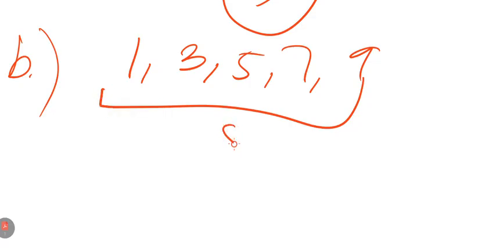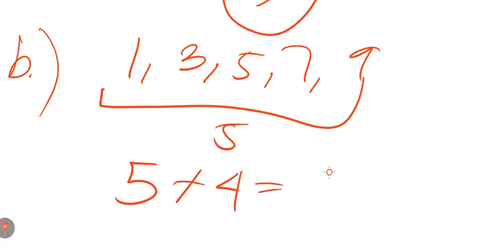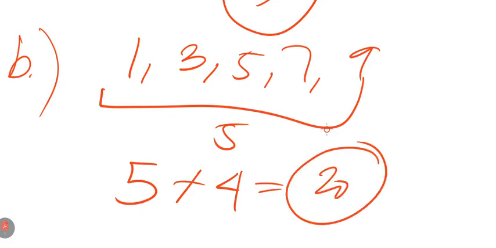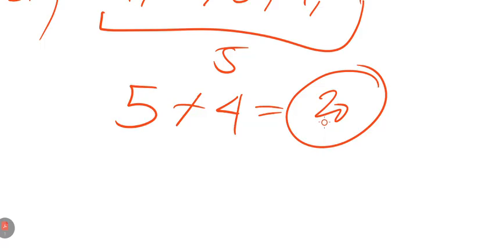So there are 5 of them. We're going to choose two distinct digits from a pool of 5 digits, so we multiply 5 times 4, which equals 20. So there are 20 of them.